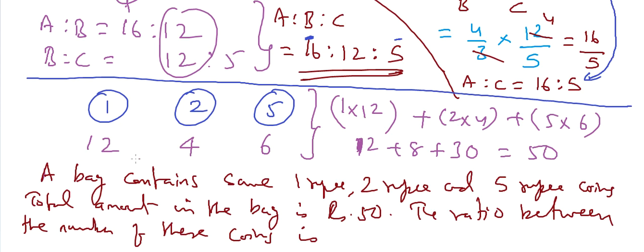All are divisible by 2. So what is the ratio? 6 is to 2 is to 3. Okay, so the ratio between the number of these coins is 6 is to 2 is to 3.